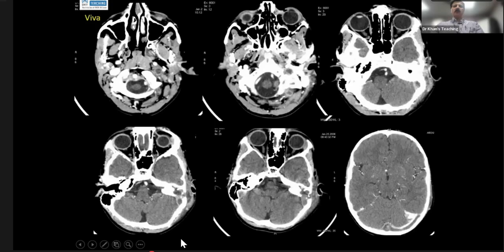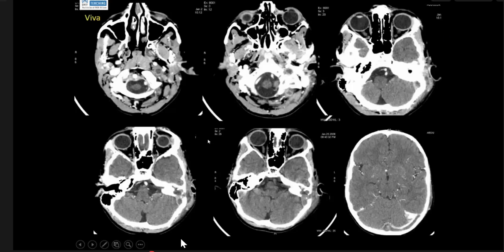So if you see here, this patient had a previous history of mastoid surgeries and chronic osteomastoiditis. So you can see a bit of bony defect here. But with contrast, if you can concentrate here, and here, let us know what is your conclusion.